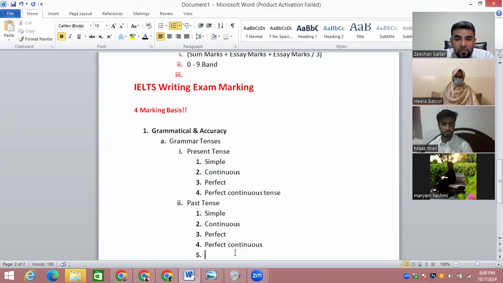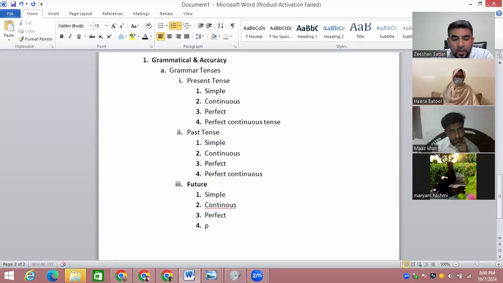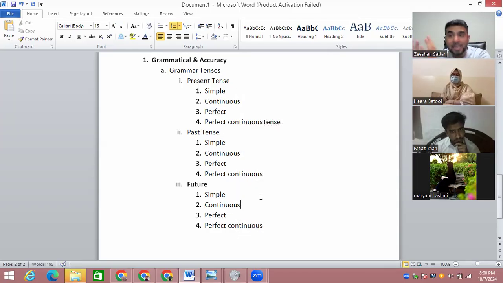In the future tense, the examiner sees how strong we are in making use of the simple future, and then the continuous, the perfect, and the perfect continuous. So the examiner sees how good we are in making use of all these tenses while writing.